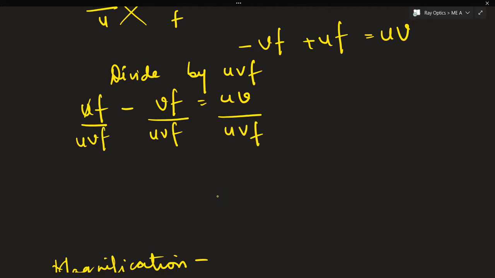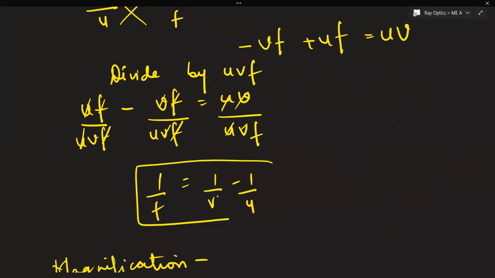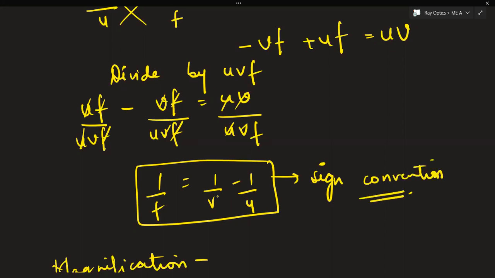So from here, UF gets cancelled, VF gets cancelled, UV gets cancelled. We have got our answer: 1 by F is 1 by V minus 1 by U. Use proper sign conventions. Just at one place, optical instruments, you don't have to use sign convention. Rest everywhere in ray optics, sign convention is important.